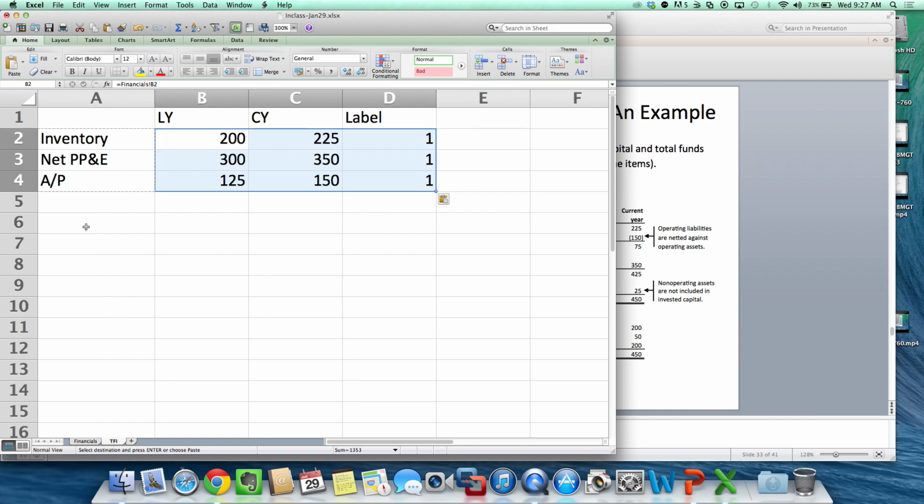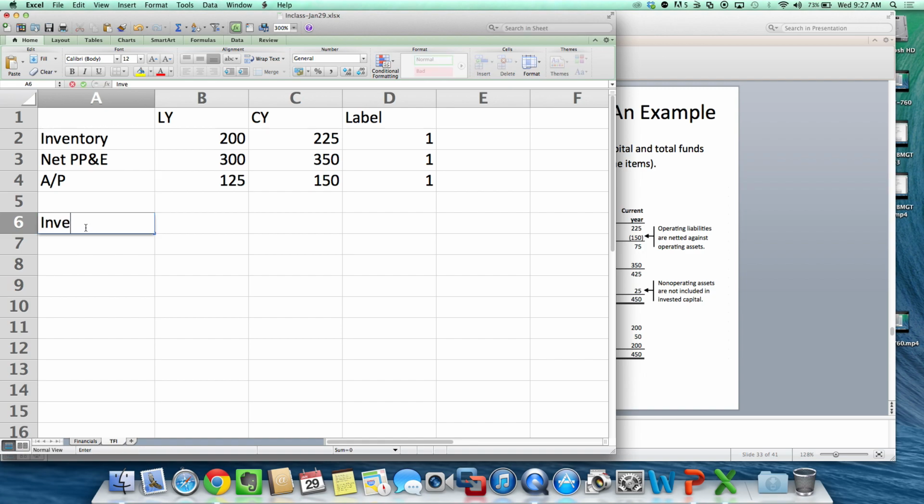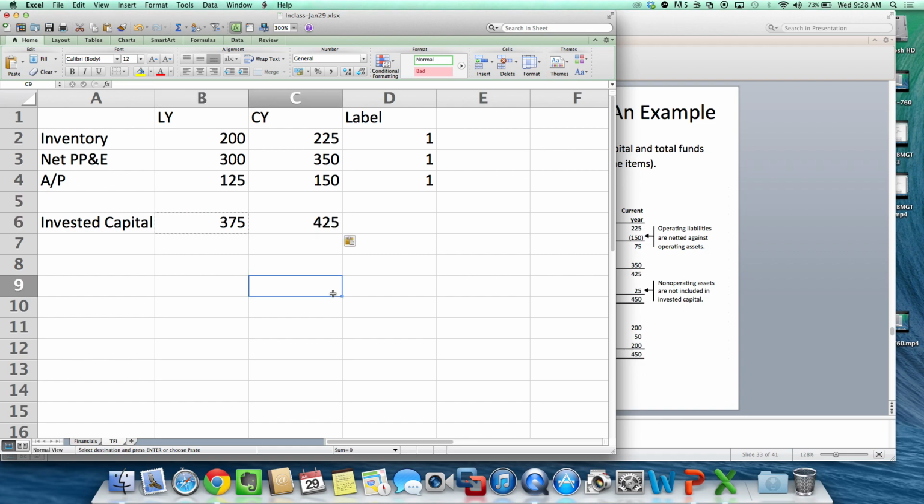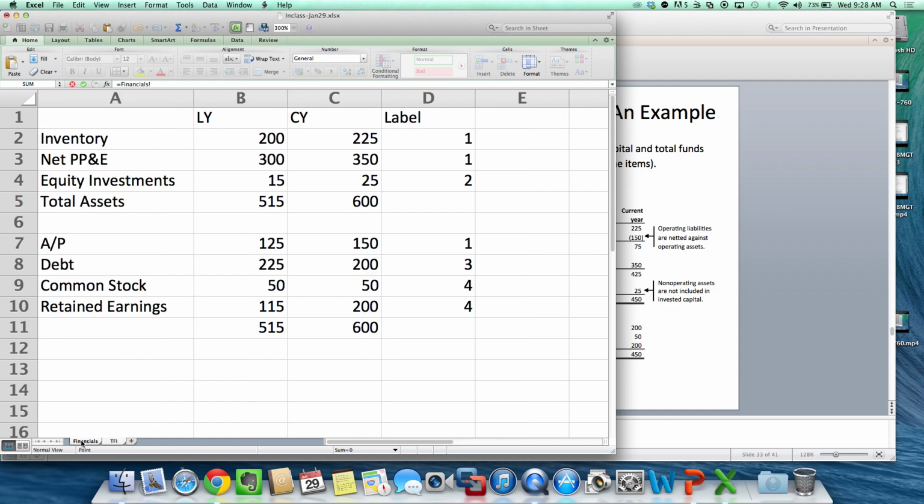Now, what is invested capital? It equals the assets minus the liabilities. That's my invested capital. All right. Now, what is TFI? I take my invested capital, and I take anything that's a 2.